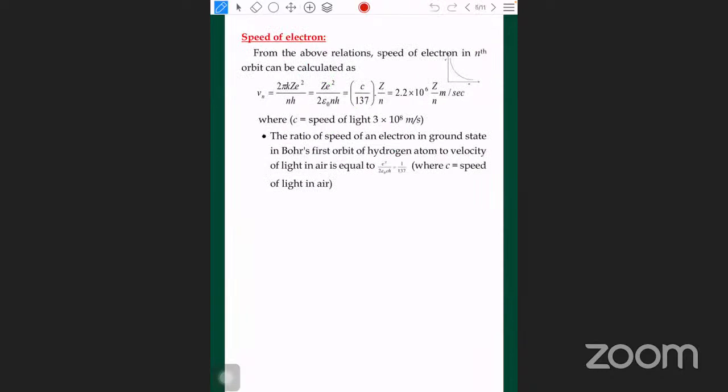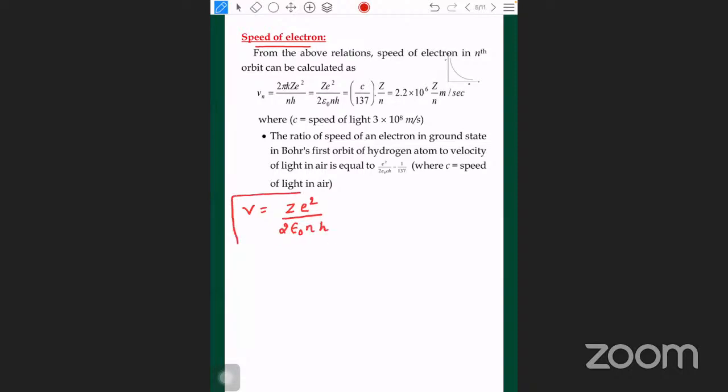Come to the second one, that is the speed of the electron. Whenever the electron is moving with velocity v, please remember the velocity formula: z times e squared divided by 2 epsilon naught nh.